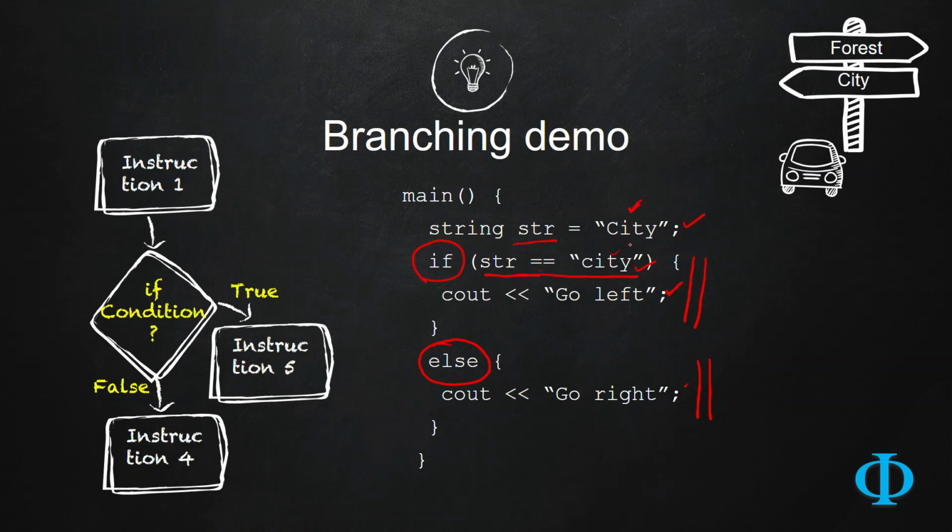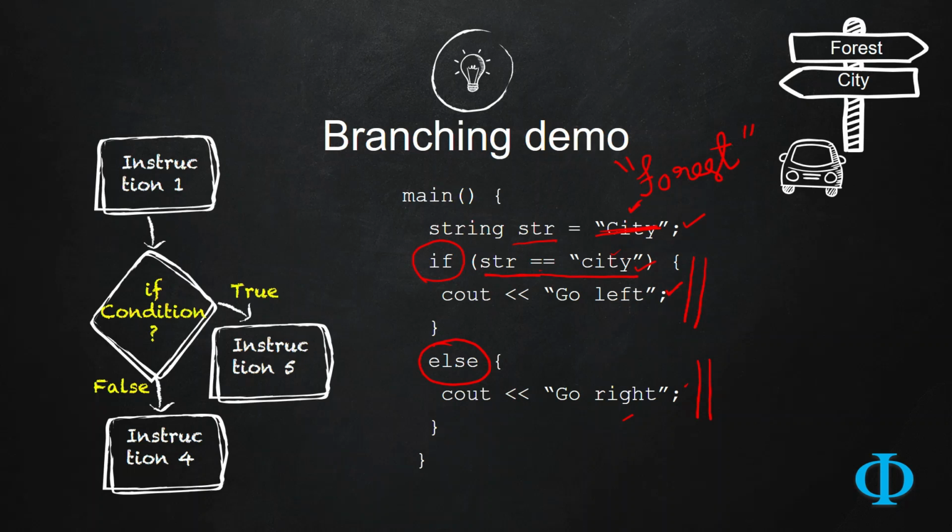For example, if I change the value from city to forest in here, then instead of printing go left, this program will now print go right, because the condition str equals city is false. So that is about the simple branching using if else statement in C++.